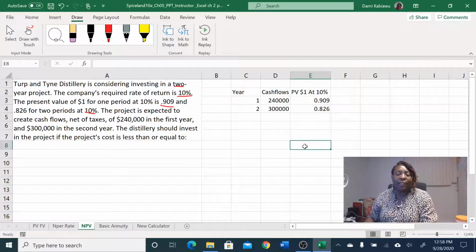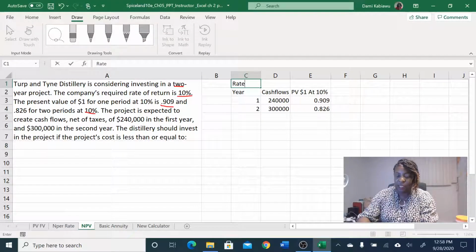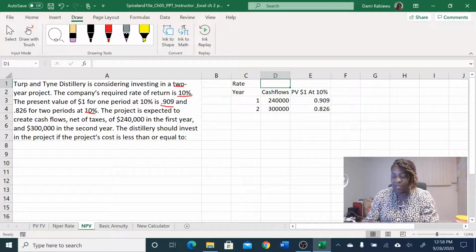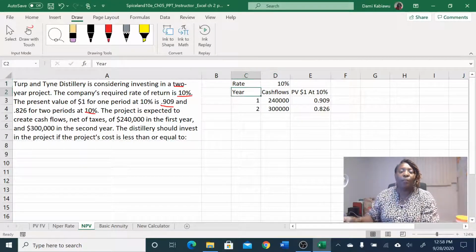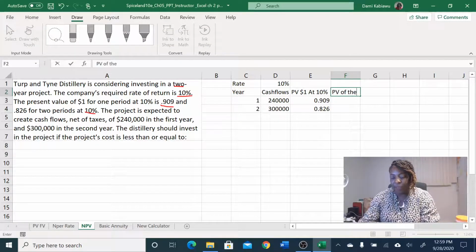You could use a financial calculator to do this, but I'm not going to. I'm just going to use basic Excel formulas. The final information we have is the rate, which is 10% every single year. So let's start with the present value of the cash flows.